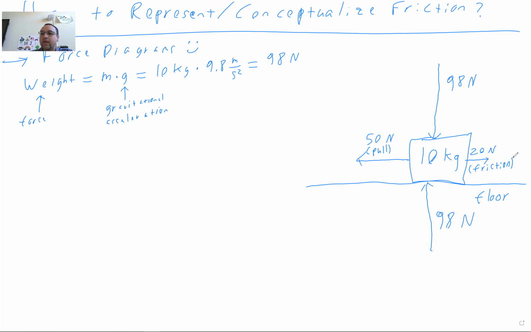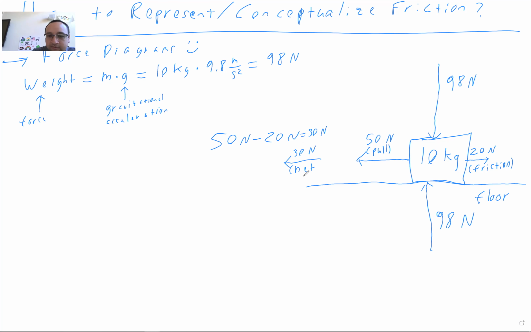Now the box would still be accelerating to the left because 50 newtons minus 20 newtons is equal to 30 newtons.